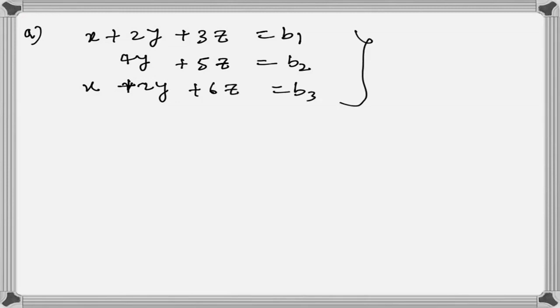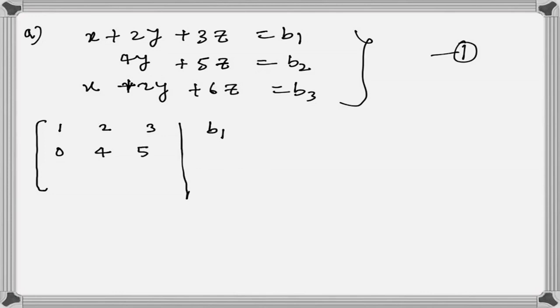So let's call this system 1. Okay, so write the augmented matrix of system 1: 1 2 3 b1, 0 4 5 b2, 1 2 6 b3. Okay, so let's reduce this.